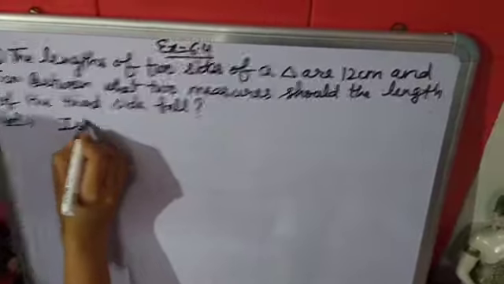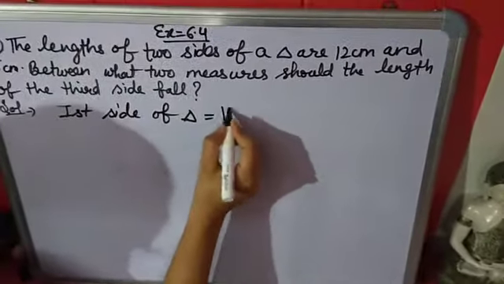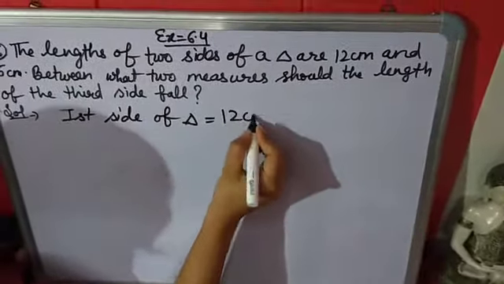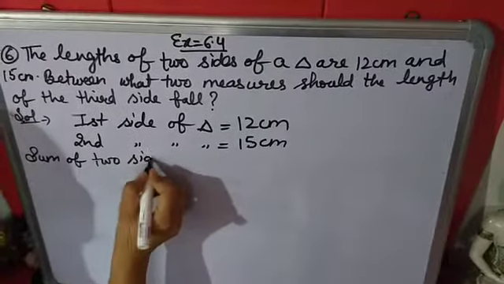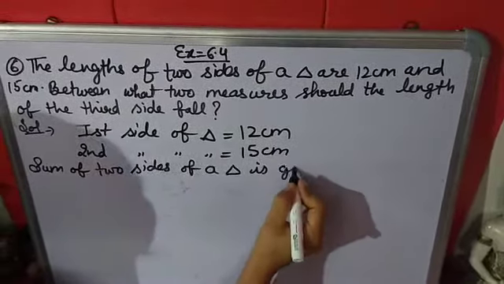First of all, write down the first side of the triangle, that is 12 centimeter. Second side of the triangle, 15 centimeter. Now we know the rule, the sum of two sides of a triangle is greater than the third side.